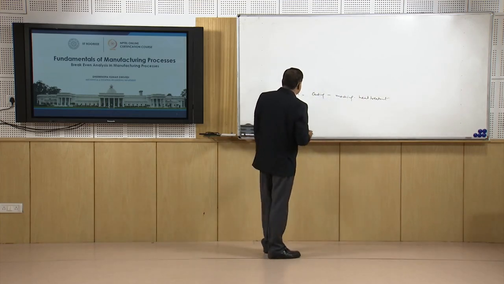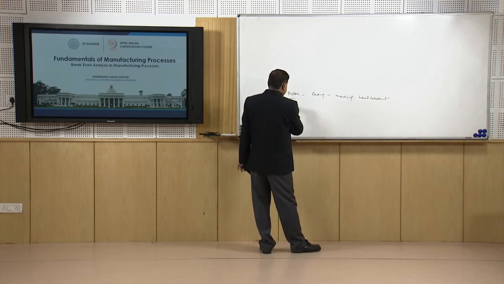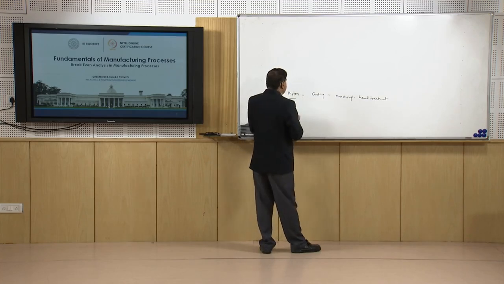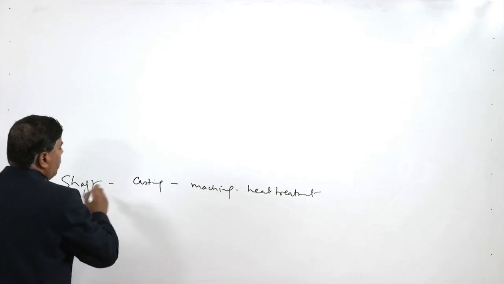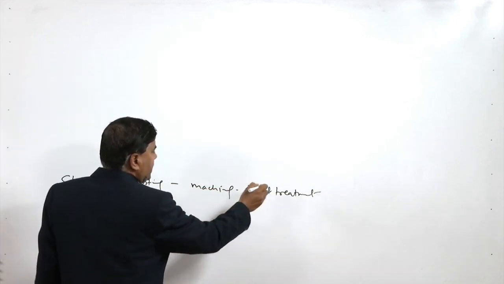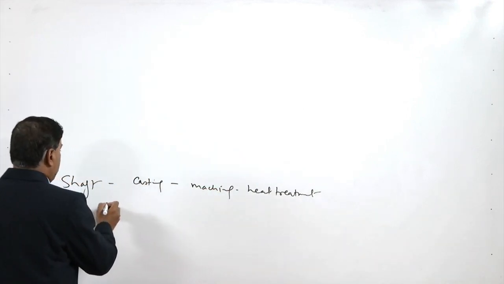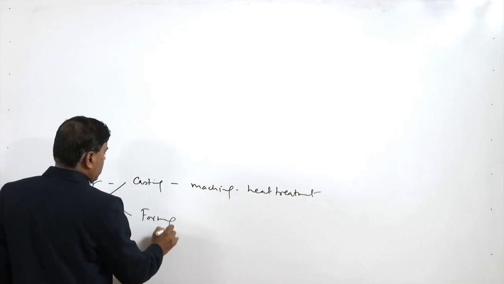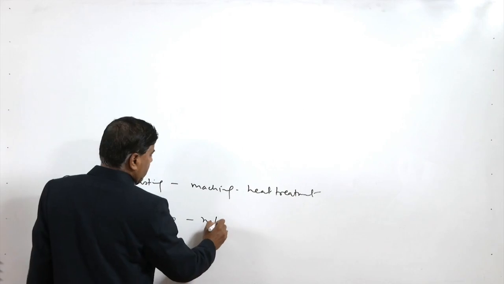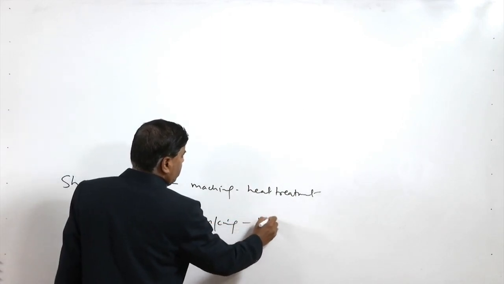Or another simpler example: instead of piston, this is a shaft. So, we are making first casting, then machining and then heat treatment. Another possible way is that we go for forming, then machining and then heat treatment.